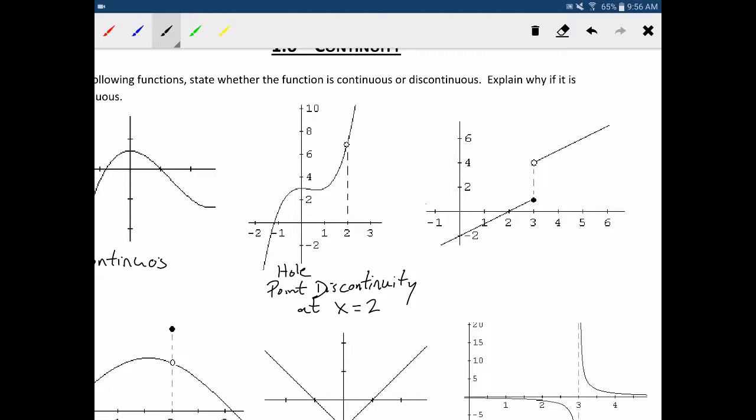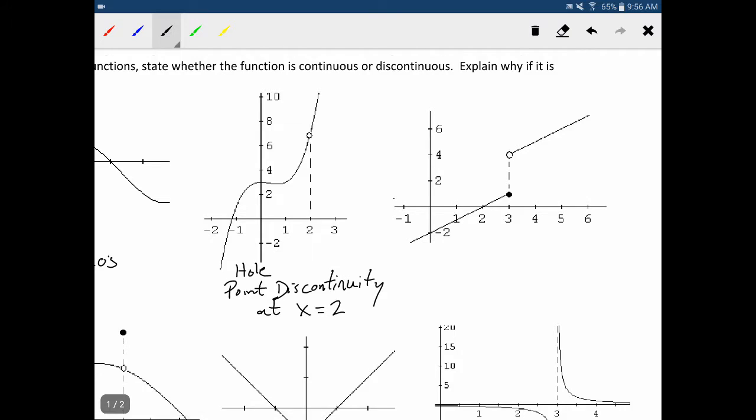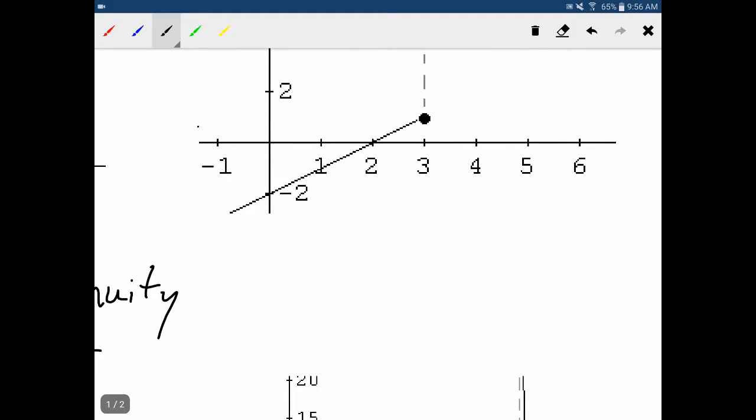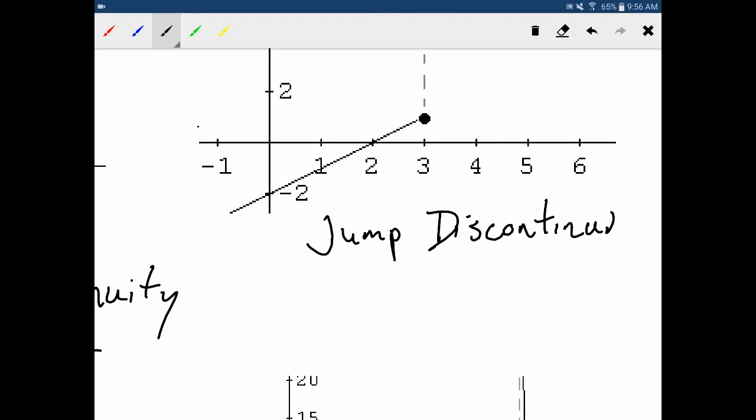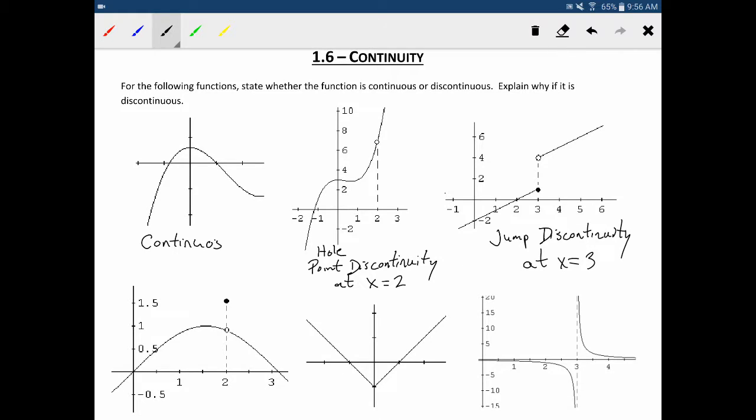So this is called a jump discontinuity, and that's at x equals 3. And so you'll notice that we're identifying where these discontinuities take place, and that's generally how this is done, because the function itself is continuous everywhere else. It's just at x equals 3 that it is not continuous.